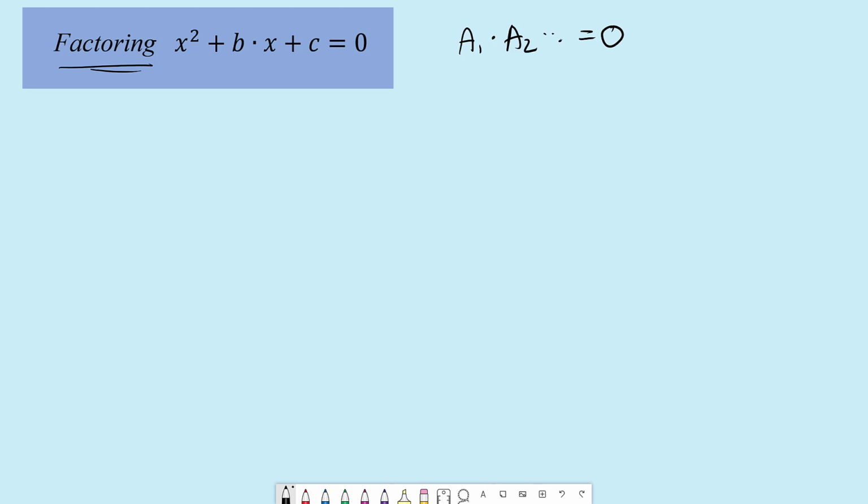Now, because we have a quadratic equation, so we have an x squared factor, we anticipate that we'll have basically two terms, and they'll have the form x plus something, say q. So we'll have one term x plus q, and we'll have another term x plus p. And these two factors, when multiplied, should give us 0, like in the original equation here.